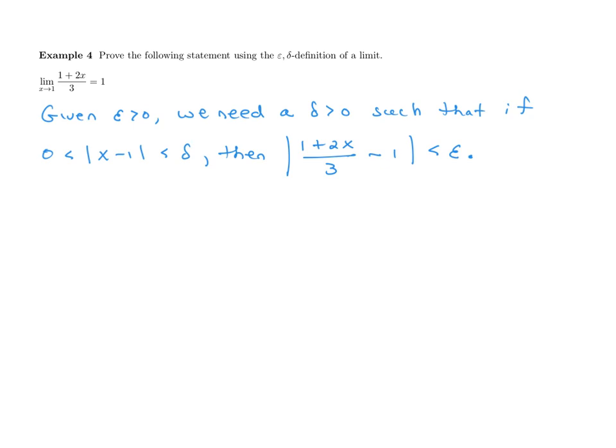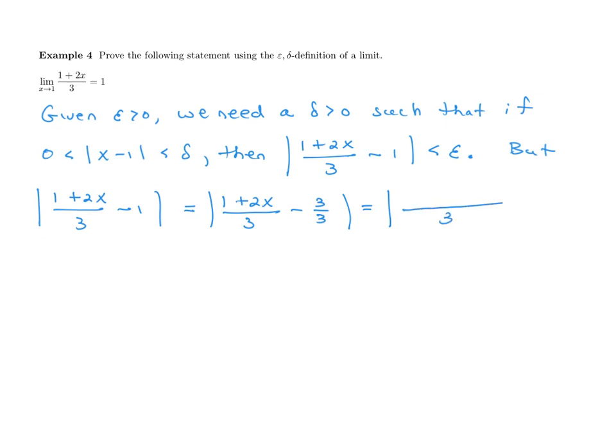Okay, with all of this, I'm now going to simplify this expression. I should somehow see an x minus 1 and something I can choose as delta. So if you look at the absolute value of (1 plus 2x)/3 minus 1, this is equal to, okay, we'll get a common denominator. It says (1 plus 2x)/3, and I'll say minus 3/3, which gives us, if we subtract these two fractions, 3 as my common denominator.